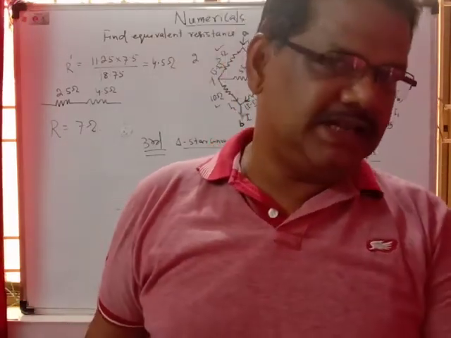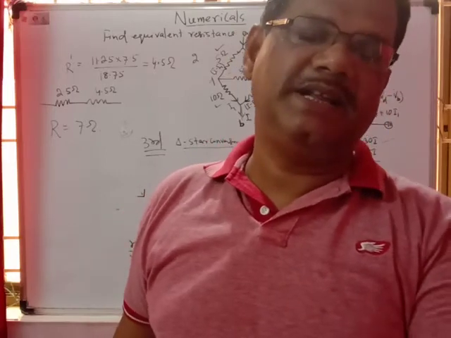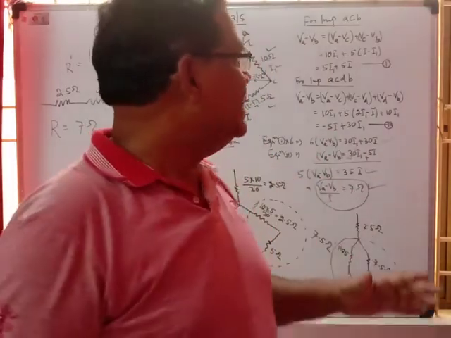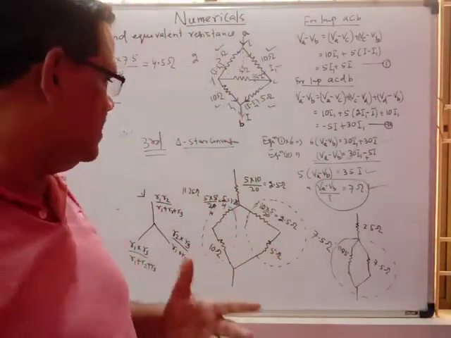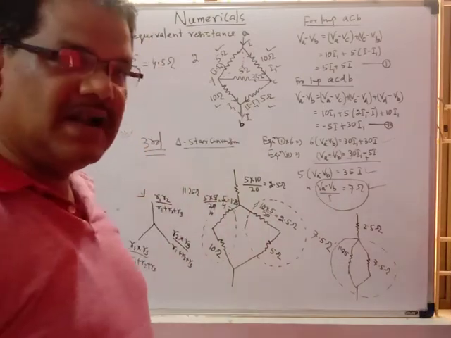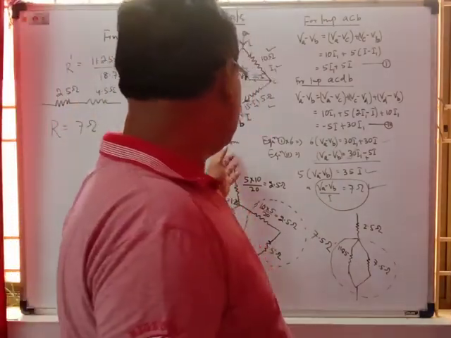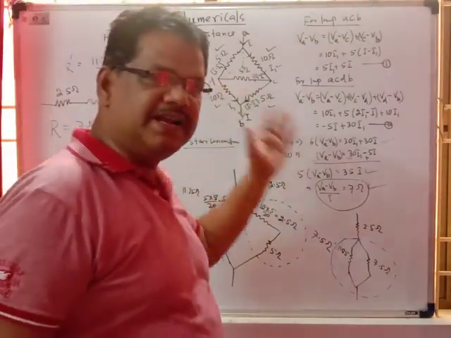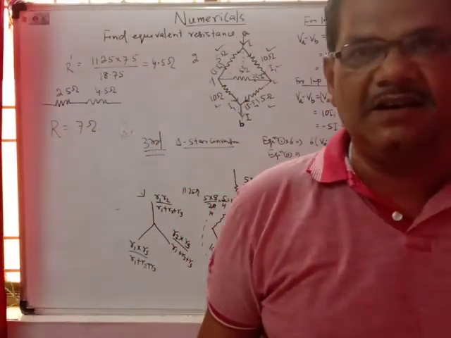If the balanced condition is there, you can easily solve for the equivalent resistance. If it is unbalanced, to solve quickly you can use the delta star conversion method. By the delta star conversion method, you can easily calculate this type of complicated unbalanced Wheatstone's bridge numericals.